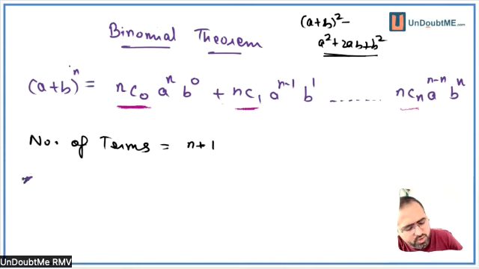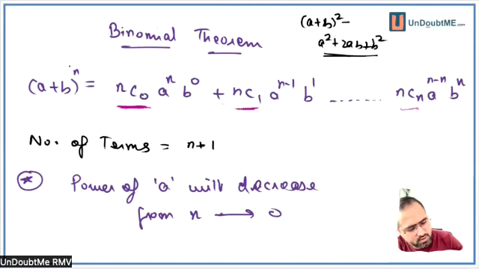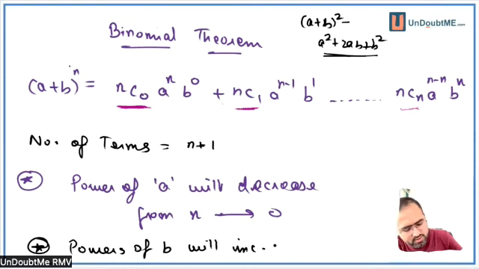Another noteworthy point over here is that powers of a will decrease from n to 0, while powers of b will increase from 0 to n. Is this for the general term, right?